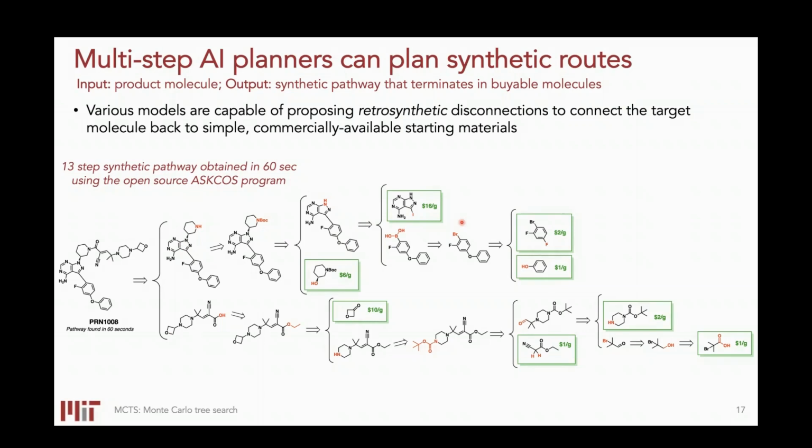There are complexities here that I'm skimming over related to how one does this multi-step search, how one manages the complexity and the combinatorial space of options as you do this recursive expansion. But with some well-established search strategies, it's not that complex now to have the capabilities of proposing these multi-step synthetic routes that connect a product of interest to commercially available starting materials.